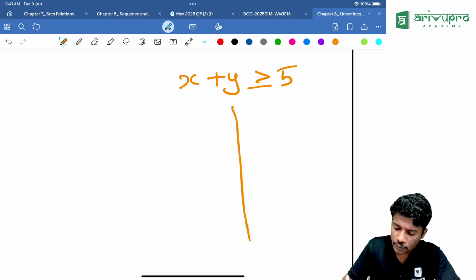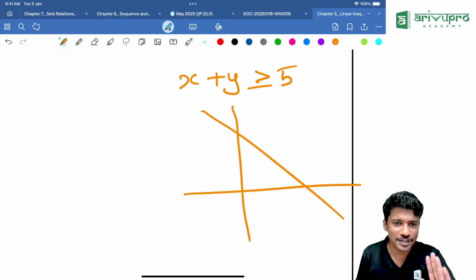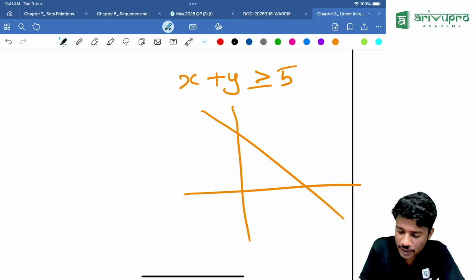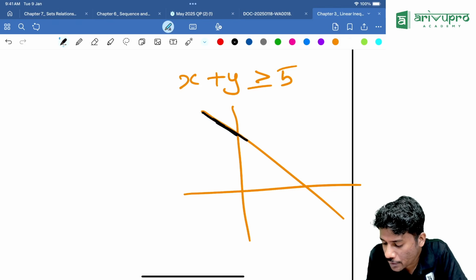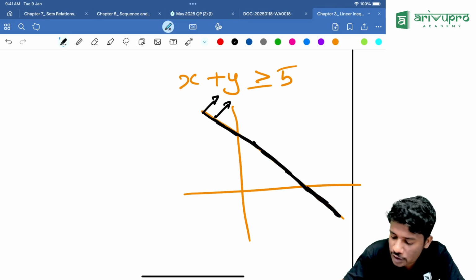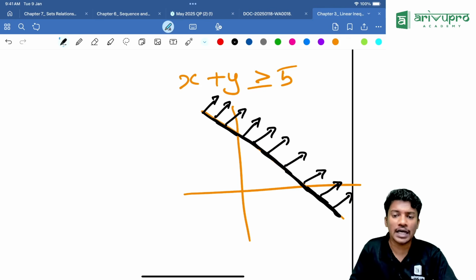The graph will be like what? We will be randomly drawing like this. Correct? We are not even taking time in that part. Now, x plus y greater than or equal to 5 means this line segment is also included. The area is starting from the line segment itself towards up. That's why I marked it in black color or dark color.